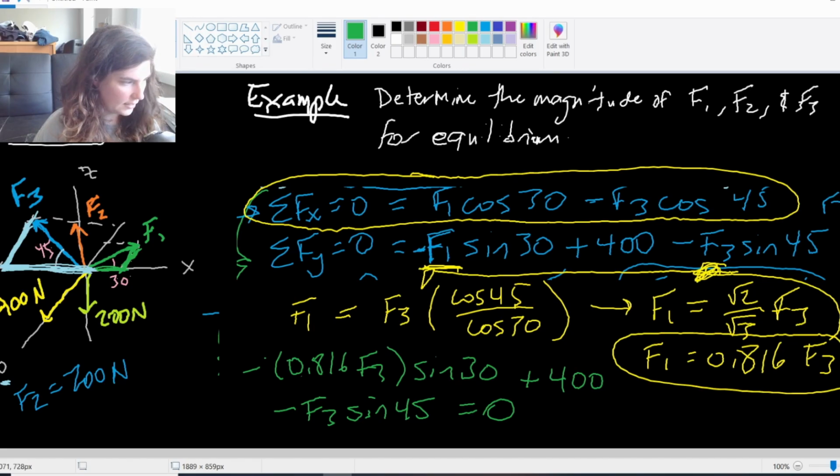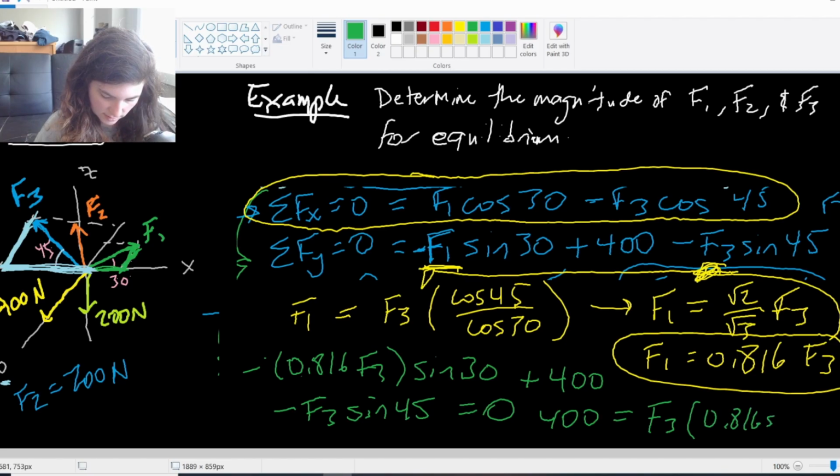You move the 400 over, so you get 400 equals F3 times 0.816 times sine 30 plus sine 45. And you plug that into a calculator, divide that out, 400 over all of this mess here.